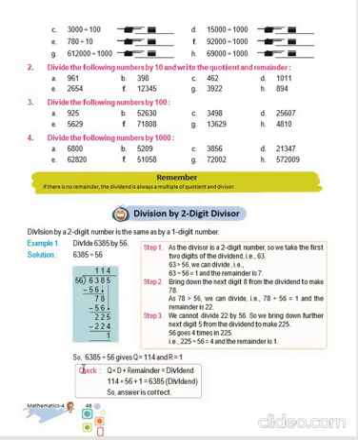To check the answer, quotient into divisor plus remainder is equal to dividend. Remember this. So this is our quotient, 114. Divisor is 56 and 1 is the remainder, which will be equal to 6385, which is the dividend.